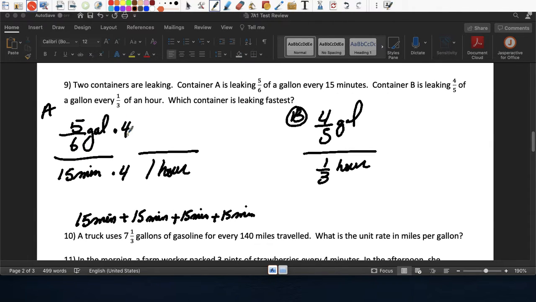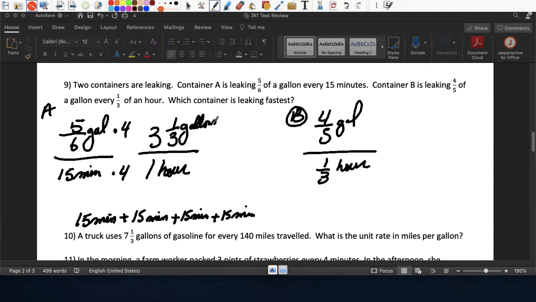So 5/6 times 4, I'll just use a calculator because I'm too lazy. 5/6 times 4 is going to give us 3 1/3. Okay, so 3 1/3 gallons in 1 hour.